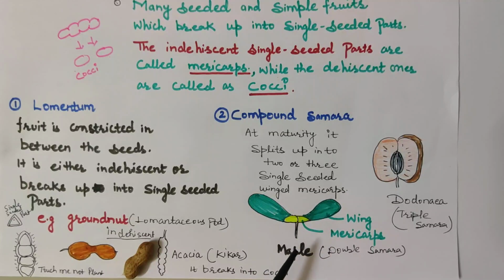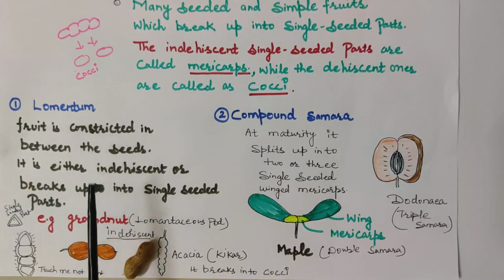In case of maple, you can see these two are showing the wings and it is the mericarp. It is double samara in case of maple. Then one more example is dodonea. In dodonea, it is the seed and these are the wings. So it is showing the triple samara.